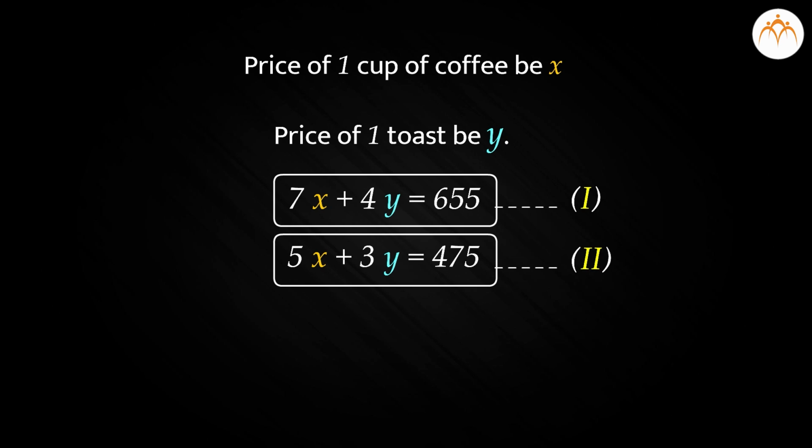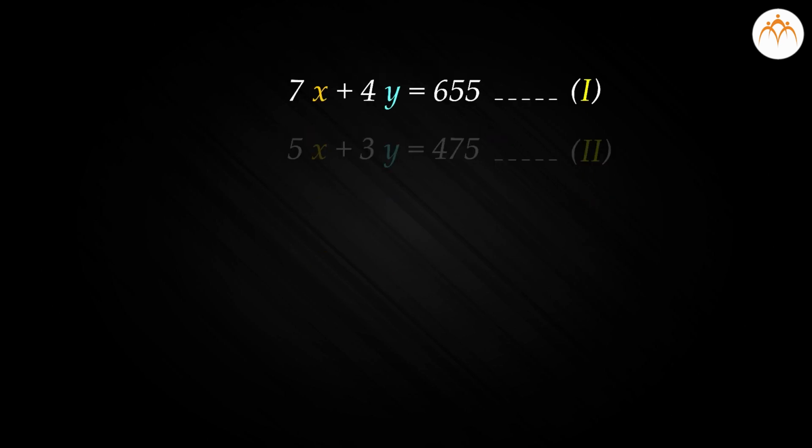7x plus 4y is equal to 655, equation 1, and 5x plus 3y is equal to 475, equation 2. Let's equalize the coefficients. Multiplying equation 1 by 3, we get 3 into (7x plus 4y) equal to 3 into 655.